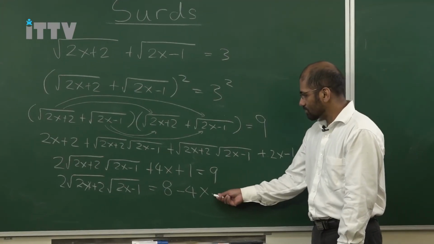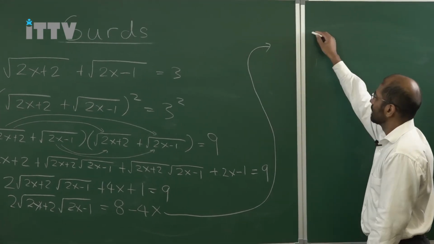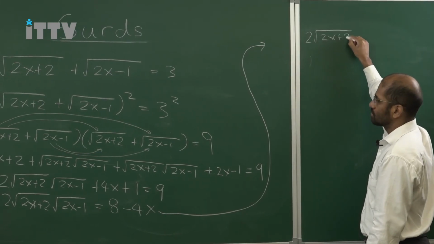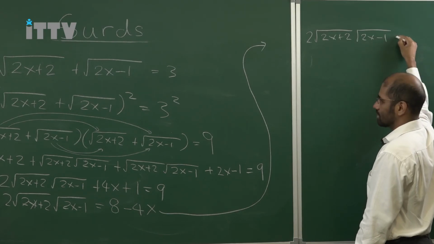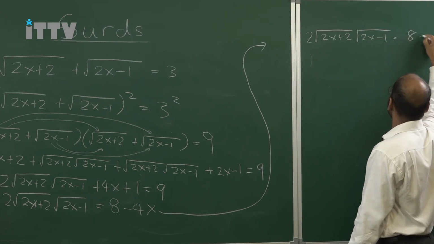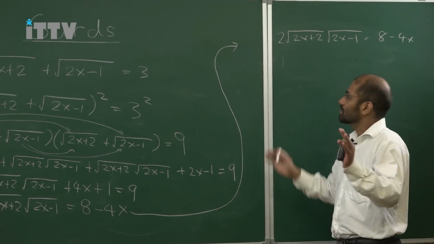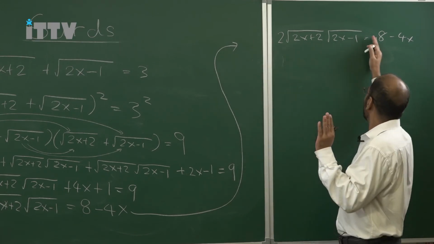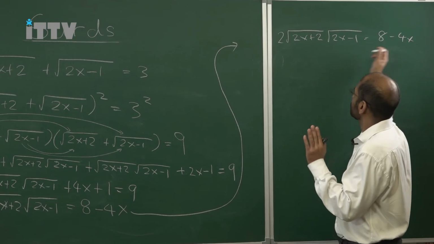And continuing from this step, we have 2 surd 2x plus 2 into surd 2x minus 1 equals to 8 minus 4x. What we could observe is there's a multiple of 2 on the left hand side, and all the numbers on the right hand side also have a multiple of 2.